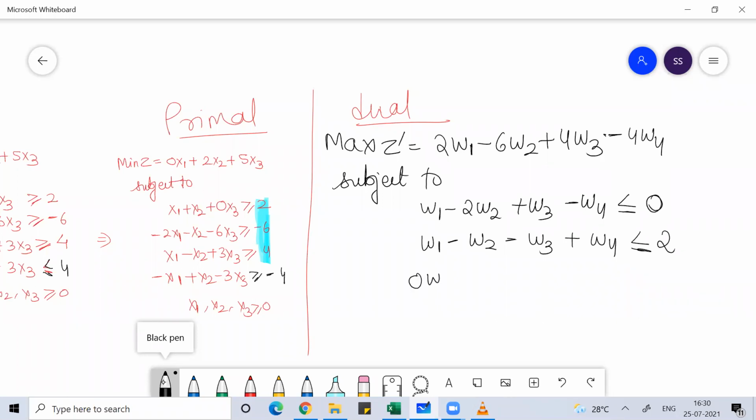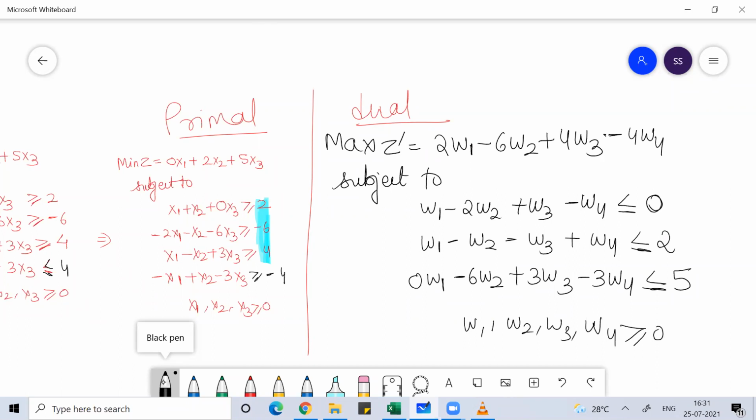Then 0w1 minus 6w2 plus 3w3 minus 3w4 less than or equal to 5, where w1, w2, w3, w4 are all greater than or equal to 0. Clear, everyone?